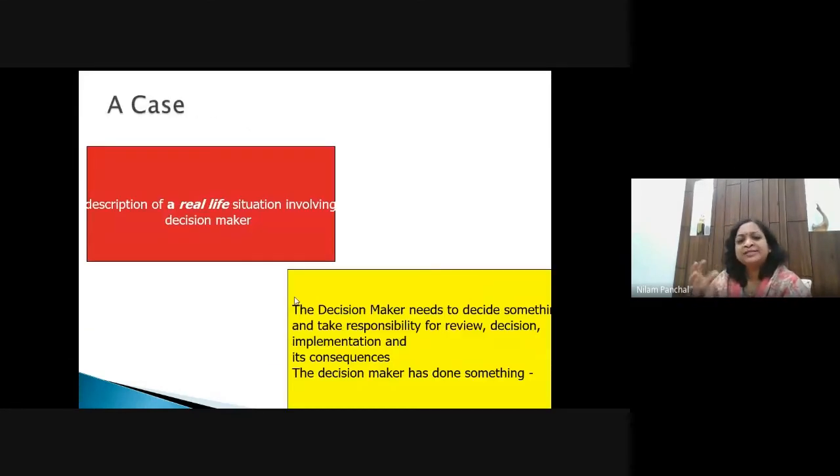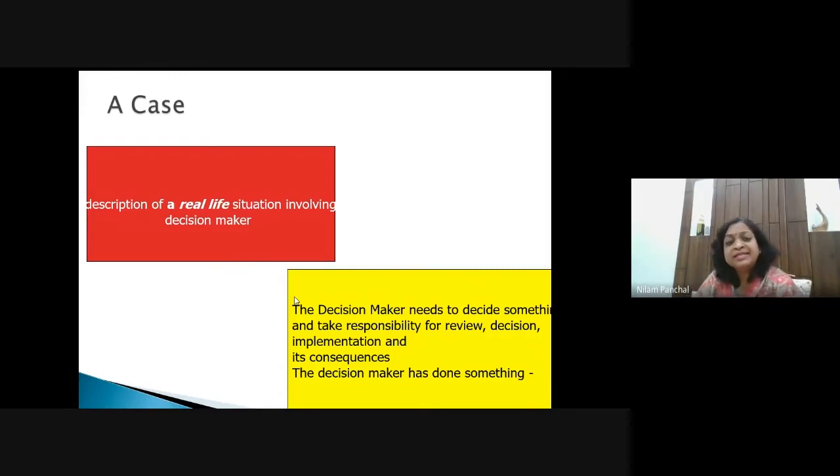Okay, so what is a case? Simply, it is a description of a real life situation involving a decision maker, and the decision maker needs to decide something and take responsibility for the review, decision, implementation, and the consequences, right? Why I'm explaining this here is that many times in conferences or for journals, people are writing a paper, and along with that, many times they are writing a case.